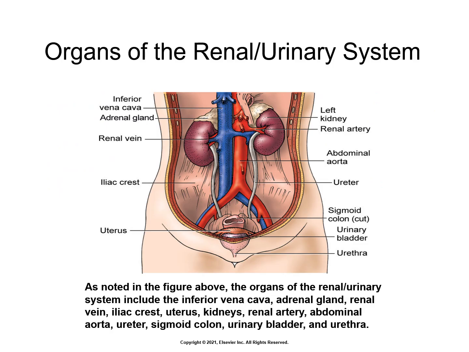The organs of the renal urinary system, and you can see here that the left kidney is a little bit higher than the right one, but they're very close to the major arteries and veins within our system.